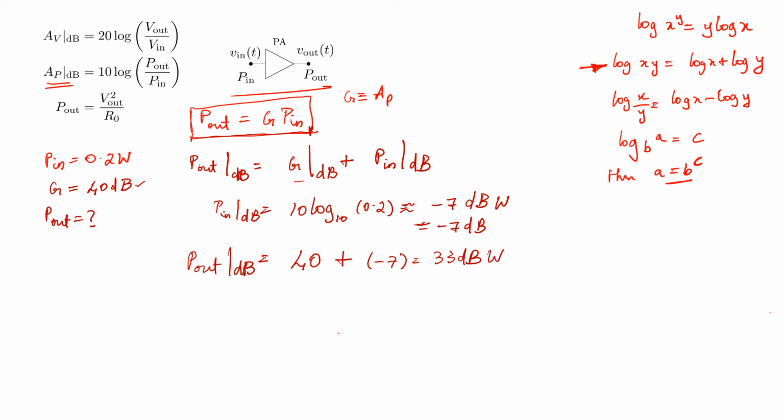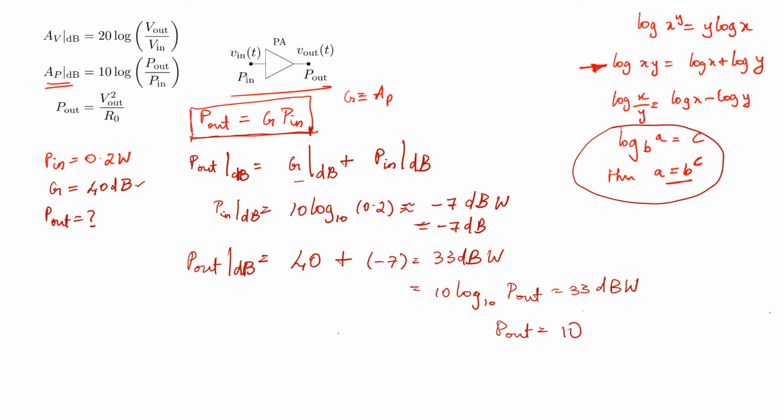And once we need to convert it back to linear, this dB watts is going to be 10 log to the base 10 of P out in linear power, right? So given 33 dB watts, the P out is simply going to be, using this fact over here, 10 raised to the power 33 upon 10.